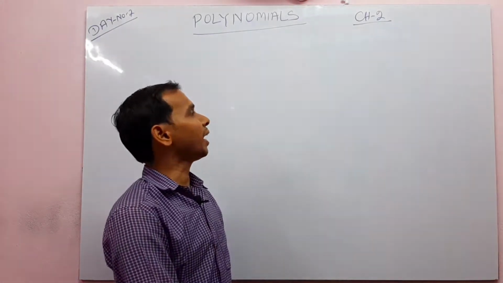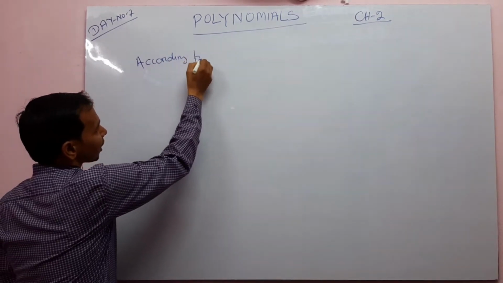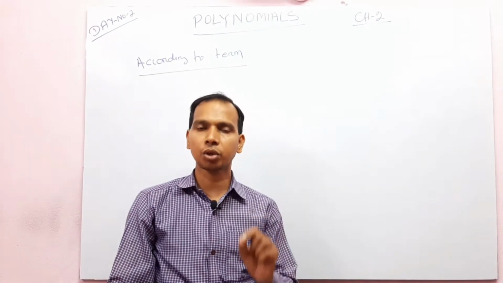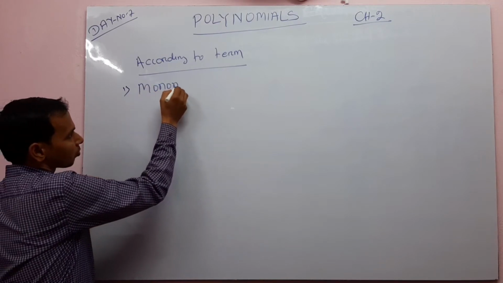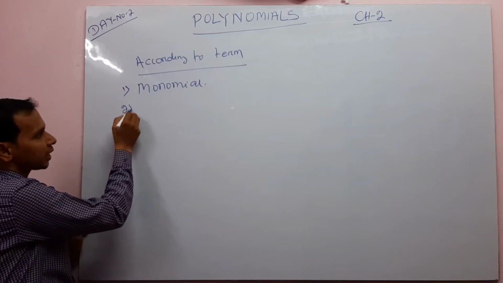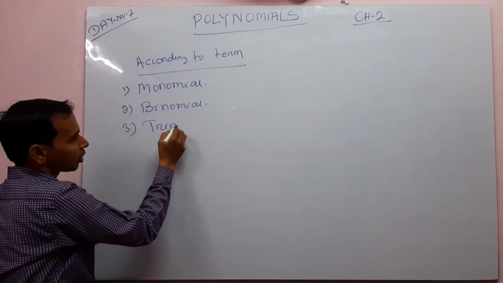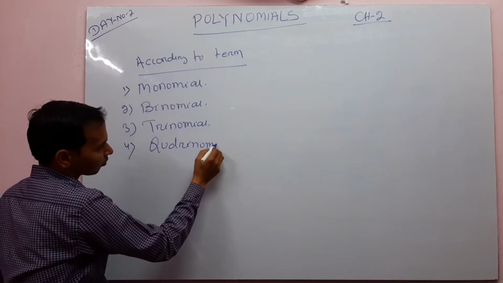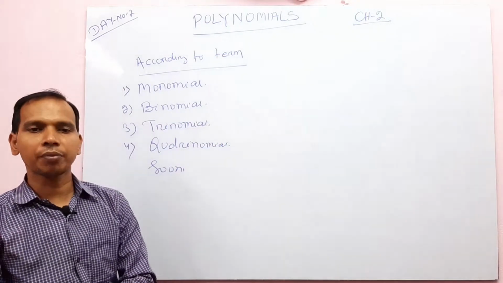Then come to types of polynomial. According to term, polynomials are of different types.